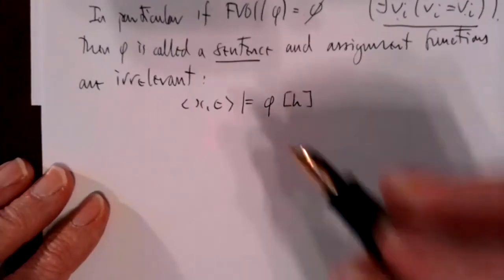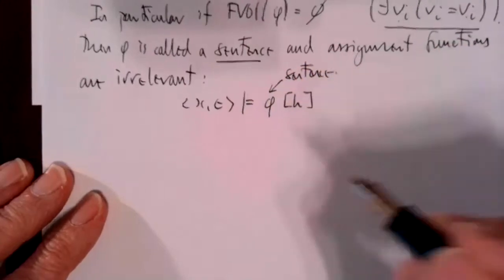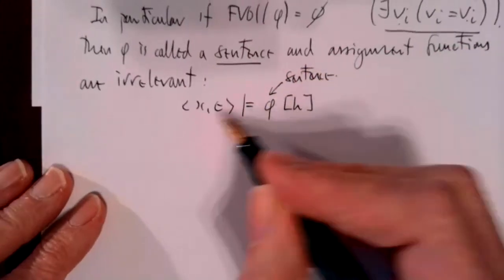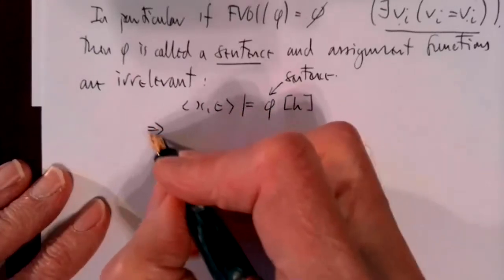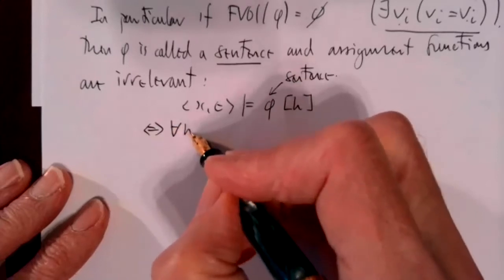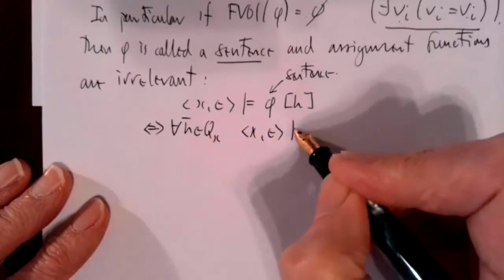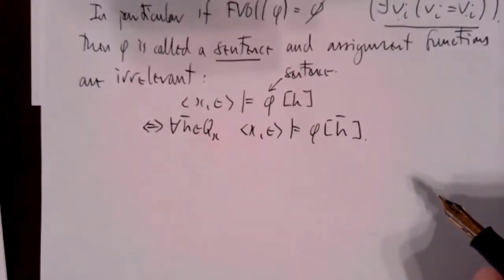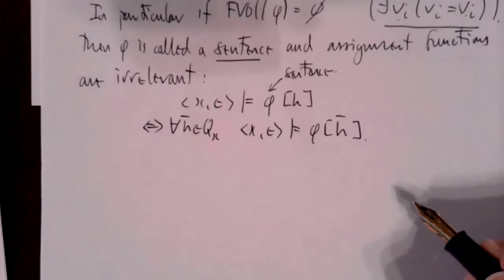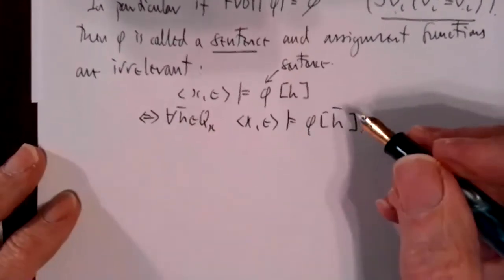An assignment function will make, if this is a sentence, this assignment function will make phi true if and only if every assignment function does, because whatever assignments it's making to variables won't affect the truth or falsity of phi.